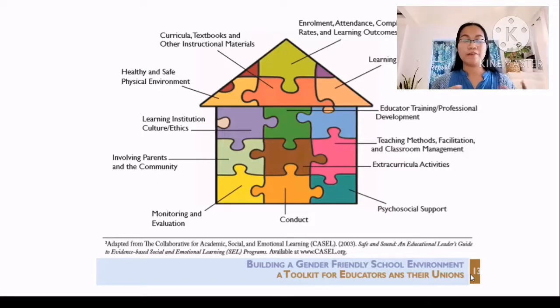So, yung 5 entry points, pwede pa nating himay-himayin into these components.